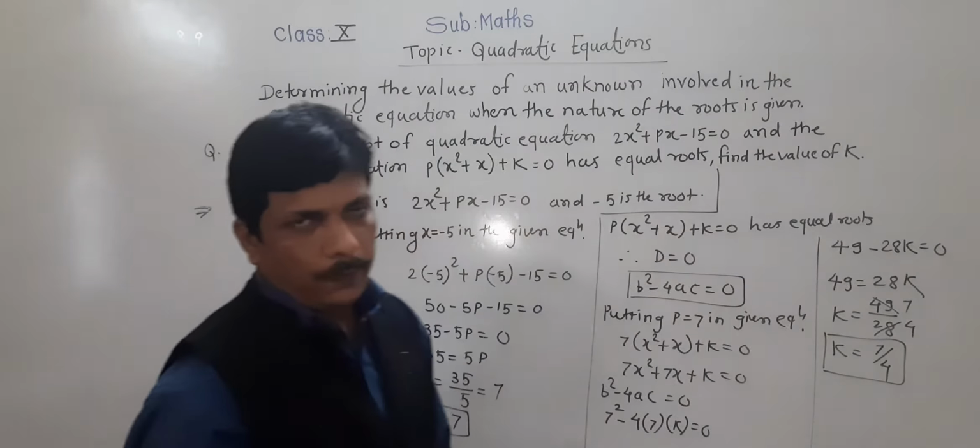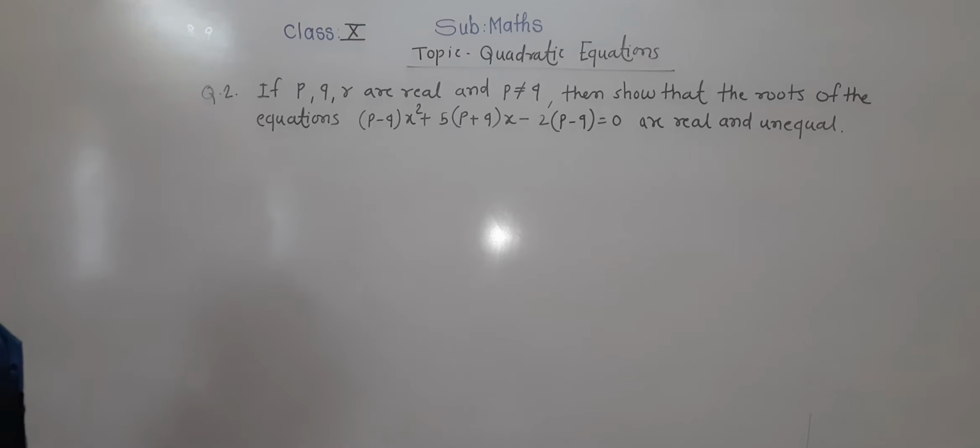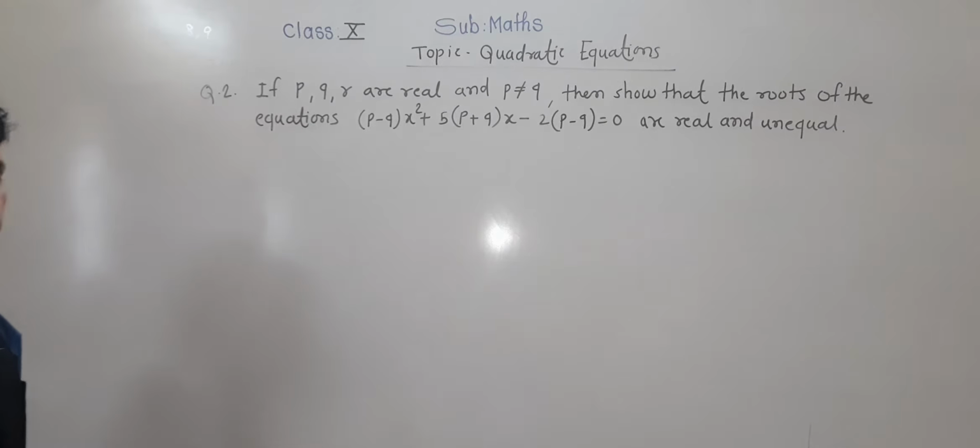Okay. See here, our second example is: if p, q, r are real and p is not equal to q, then show that the roots of the equation (p minus q) x square plus 5 into (p plus q) into x minus 2 into (p minus q) is equal to 0 are real and unequal.